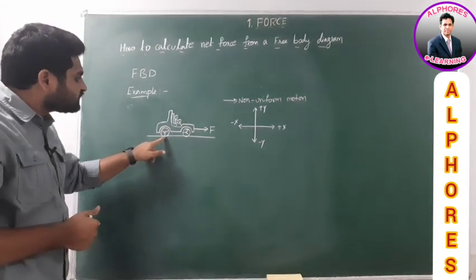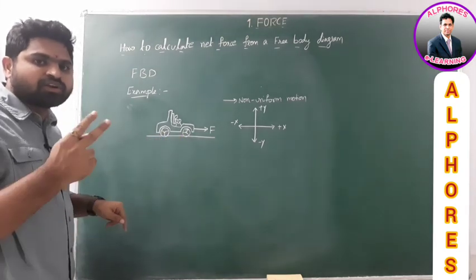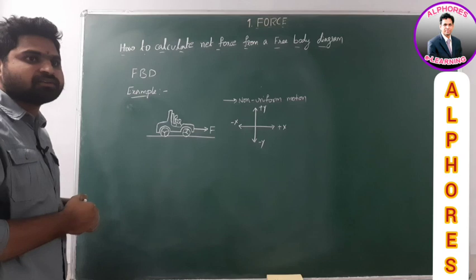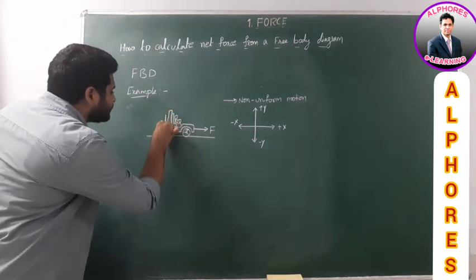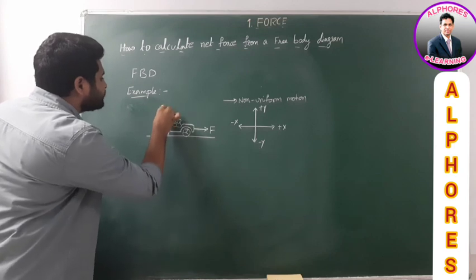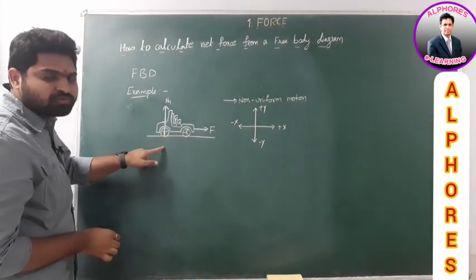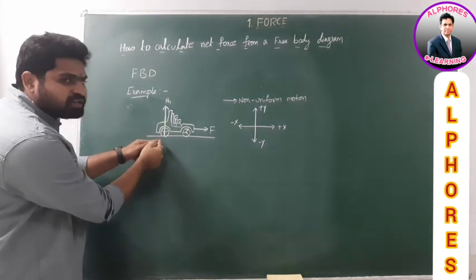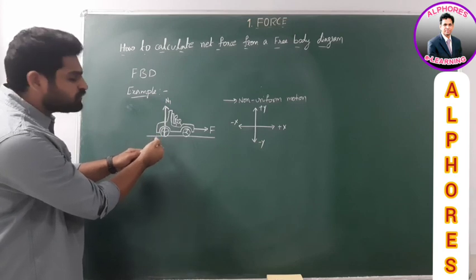As the two tires are in contact with this floor, two normal forces will be acting here. One force is like this, upwards, normal force N1. As the tire is in contact with the floor, the ground is applying a force on the tire, which is a normal force.